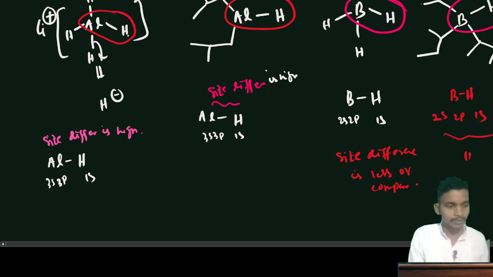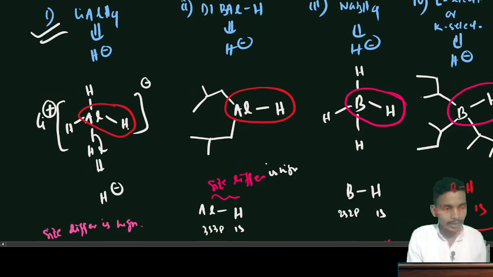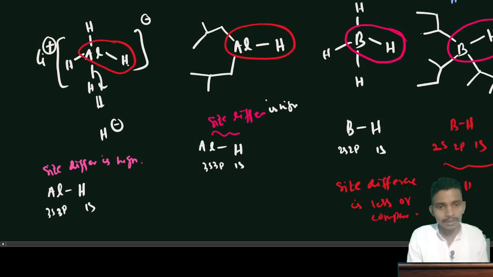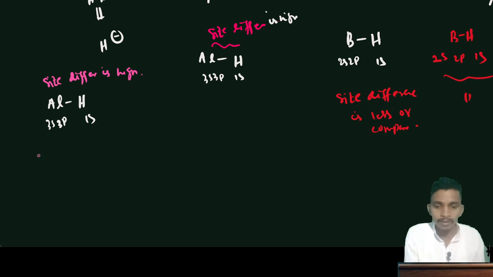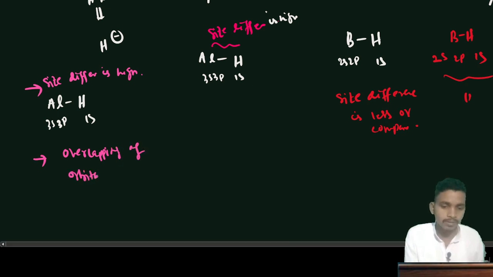So from here what we notice is that whenever the size difference is high, the atoms will not bind as closely, meaning the overlapping is not good. Here the size difference is high, so the overlapping of orbitals is less, so it means more reactive.